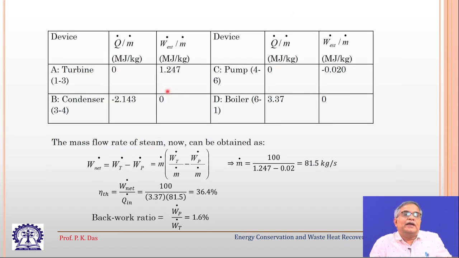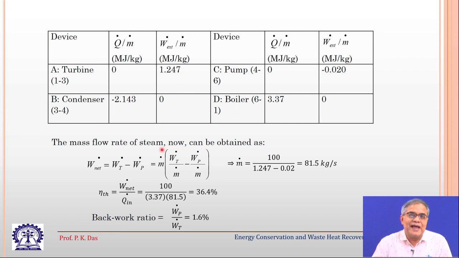In this slide, what we try to find out: there are 4 steady state steady flow devices. One is the turbine, next the condenser, next the pump, and next the boiler. For all these 4 devices, we want to calculate 2 quantities: heat transfer per unit mass and work transfer per unit mass.